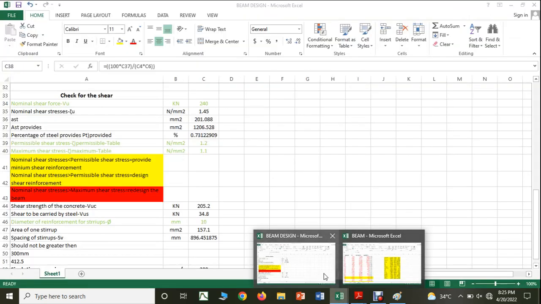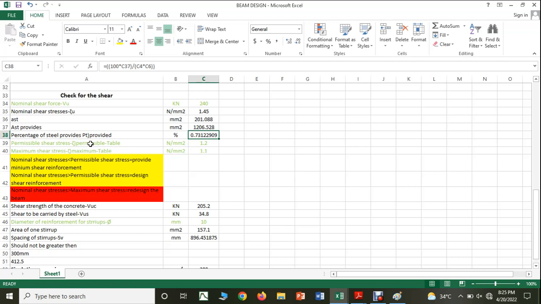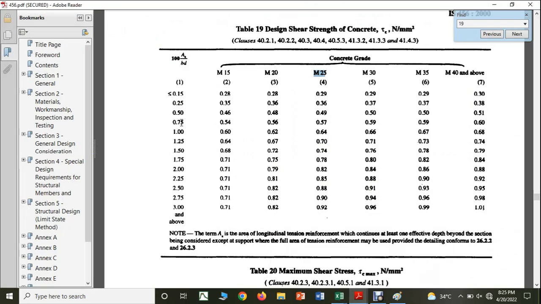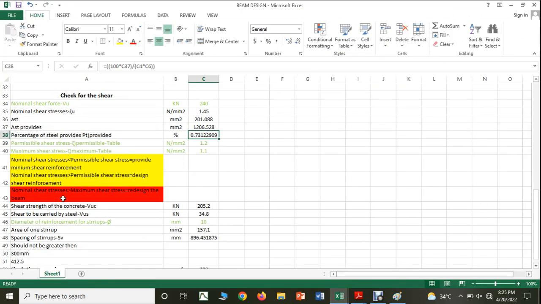The value of this permissible shear stress depends on the percentage of steel and the grade. It is 0.73. I can go to 0.75, and for 0.75 with M25 grade you are getting 0.57. So I can get the permissible shear stress as per the table as 0.57.